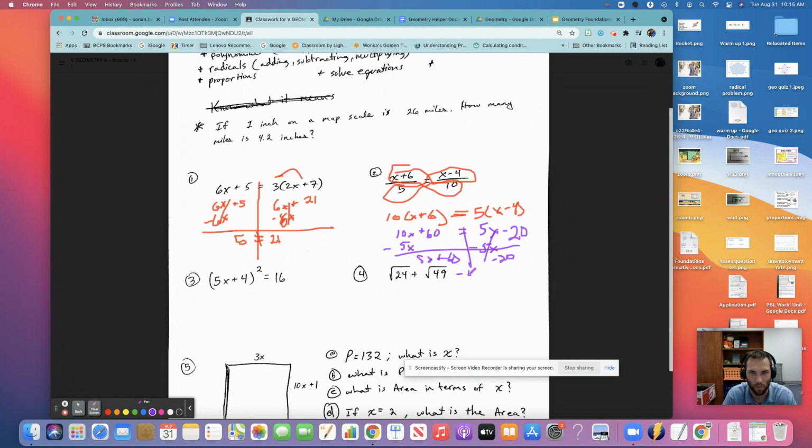And then I will just minus 60 both sides, cancel, and we'll have 5x is equal to negative 80. And then divide by 5. And negative 80 divided by 5 is going to be, I think it's negative 40. It's negative 16.